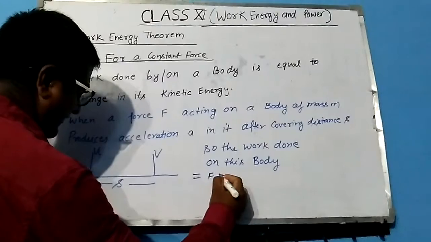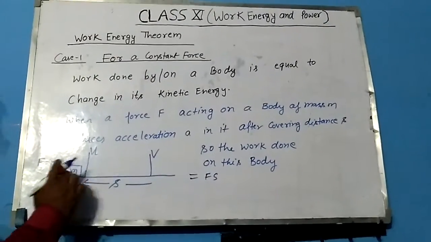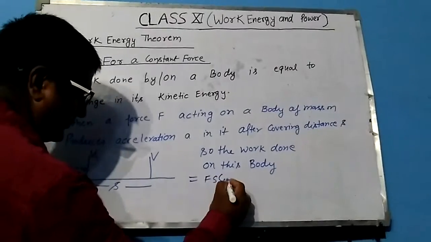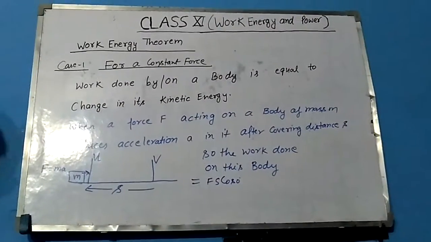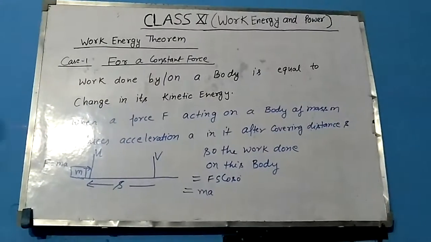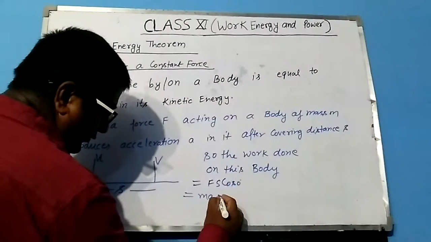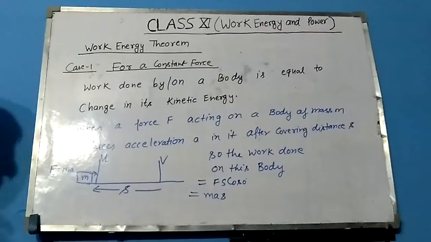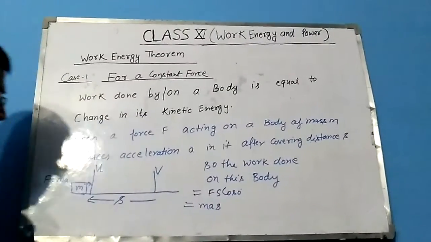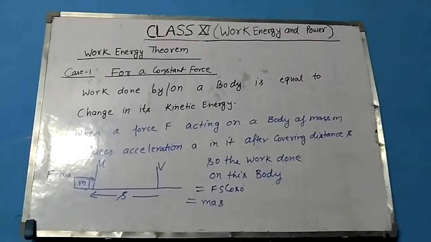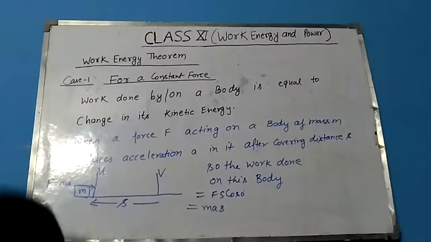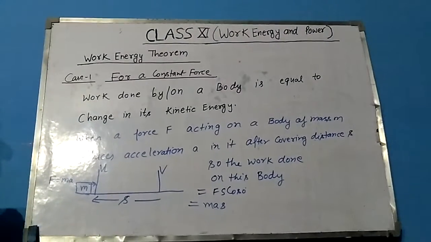The work done is equal to Fs. Displacement and force are in the same direction, so Fs cos 0, which will be F cos 0 equal to 1, into s. So we have to apply Newton's equation of motion and put this value.